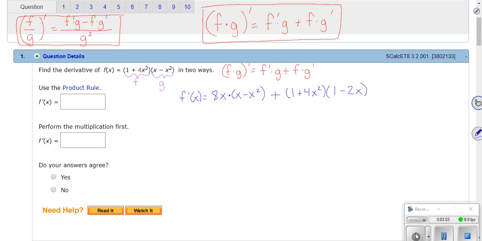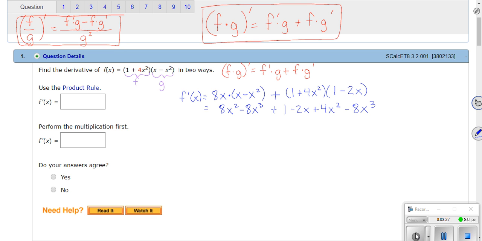Now, if we multiply all of that out, what do we get? We get 8x squared minus 8x cubed plus, here if we FOIL, first is 1 times 1, outer negative 2x, inner positive 4x squared, and last negative 8x cubed.